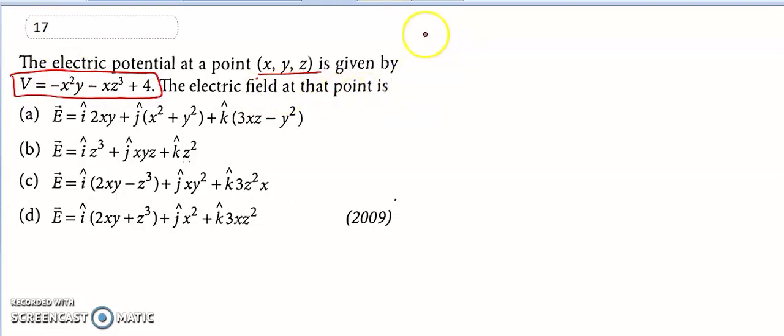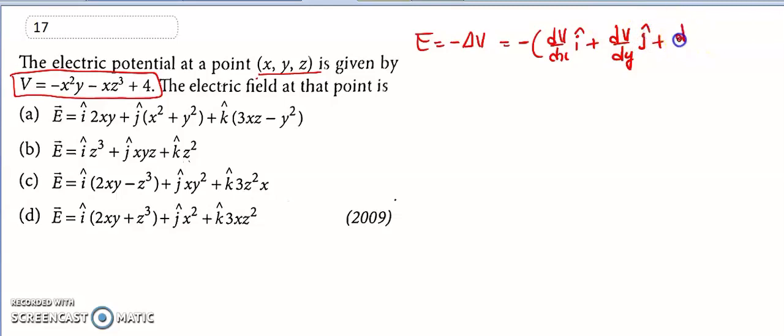We know the relation between electric field and potential, so E is equal to minus gradient V. So that is equal to minus, dV by dx I cap plus dV by dy j cap plus dV by dz k cap.